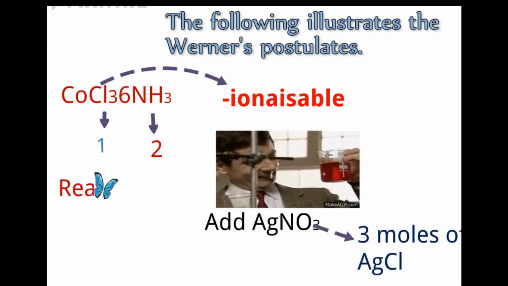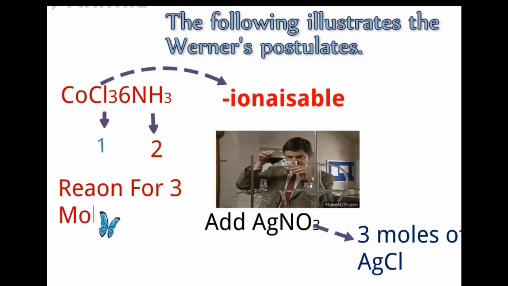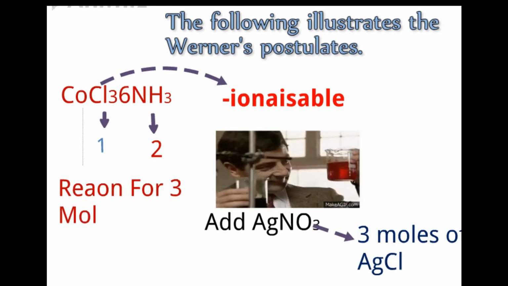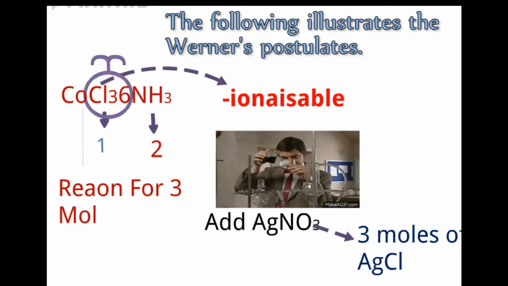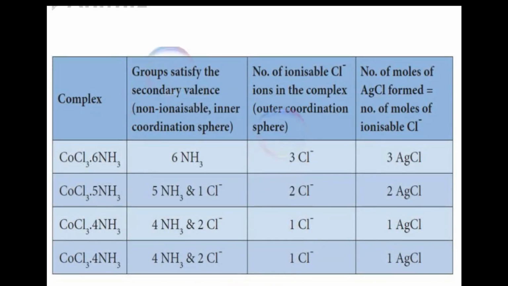Because here the 3Cl is ionizable, it is the primary valency, it is involved in ionization, it is dissolved in the solution and forms 3AgCl. So by seeing this table you can understand the concept clearly. We have 4 different complexes. CoCl3·6NH3: the 6NH3 is the secondary valency, the 3Cl is the primary valency.